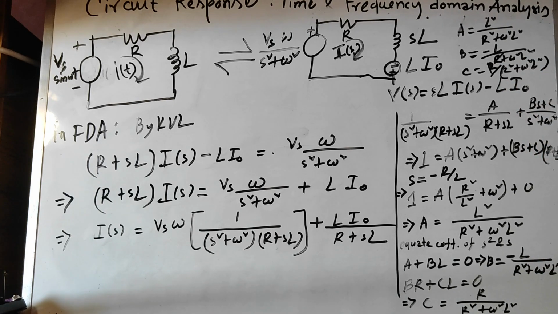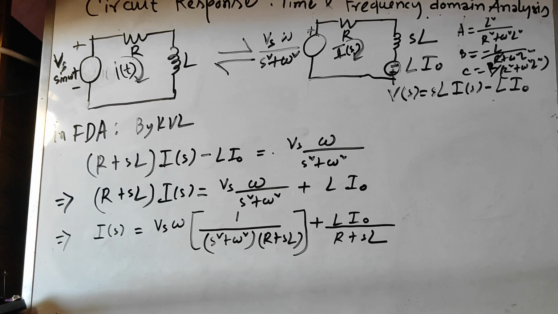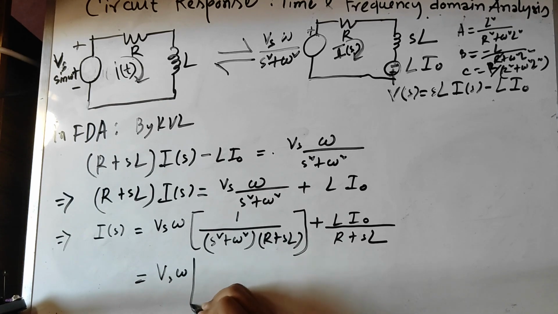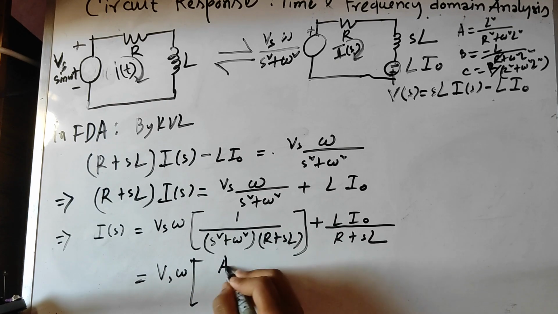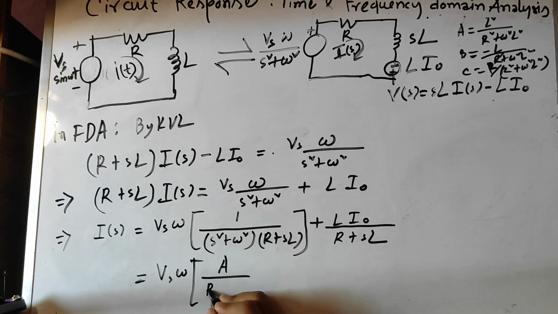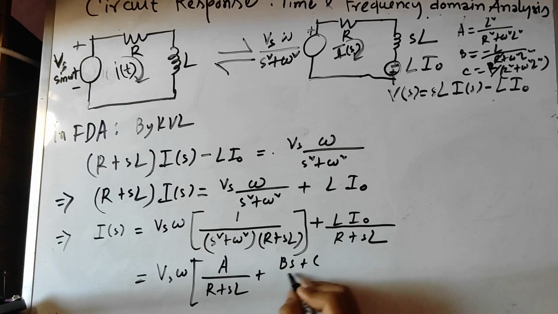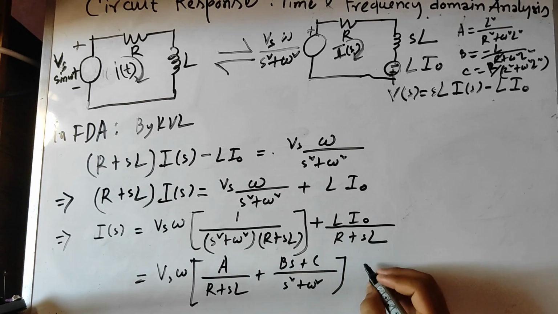Now we are going to use this to find the value. So here Vs omega is A by (R plus SL) plus (Bs plus C) by (s square plus omega square).